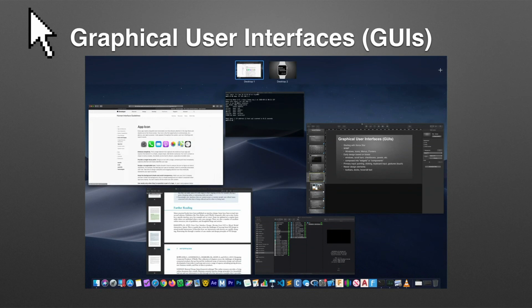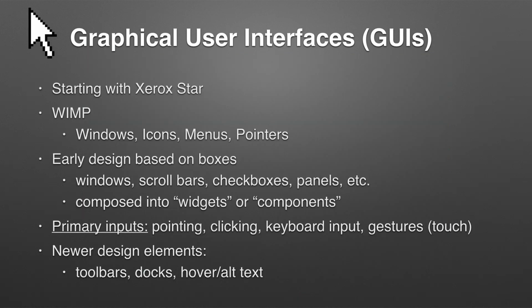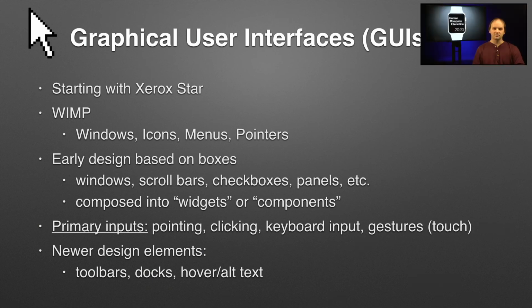Some of them have keyboard shortcuts, some of them have gestures, usually a mix of both. But the whole idea, as I'm sure we're all painfully aware, with GUIs, we started with the Xerox Star, and we got into this whole thing with windows, icons, menus, pointers, right? So we've got windows we can move around. They contain the applications.